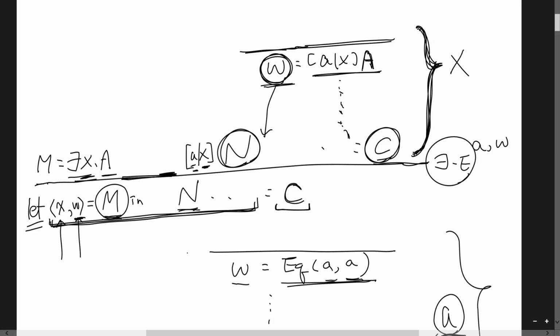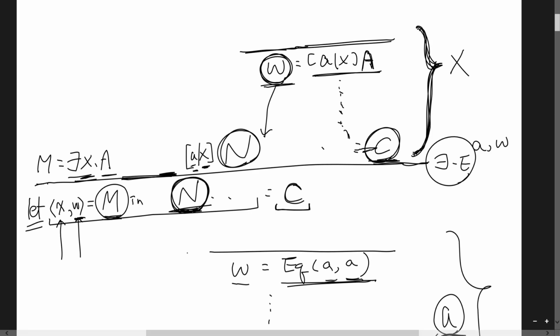And then we see that this proof term N proves C, where this proof term N may use both X and W. So this is the elimination rule proof term that we derive from the elimination rule.